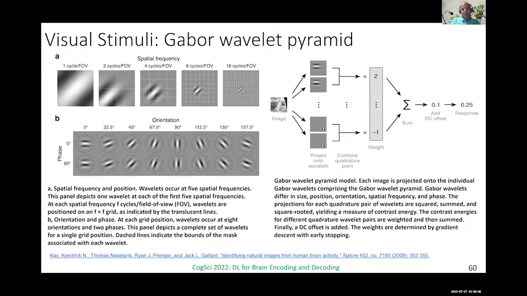So these are Gabor wavelets. These are filters which these days people learn using CNNs, but in the olden days people would design these filters with different orientations, as you see here, and different rates, spatial frequencies, and phases.